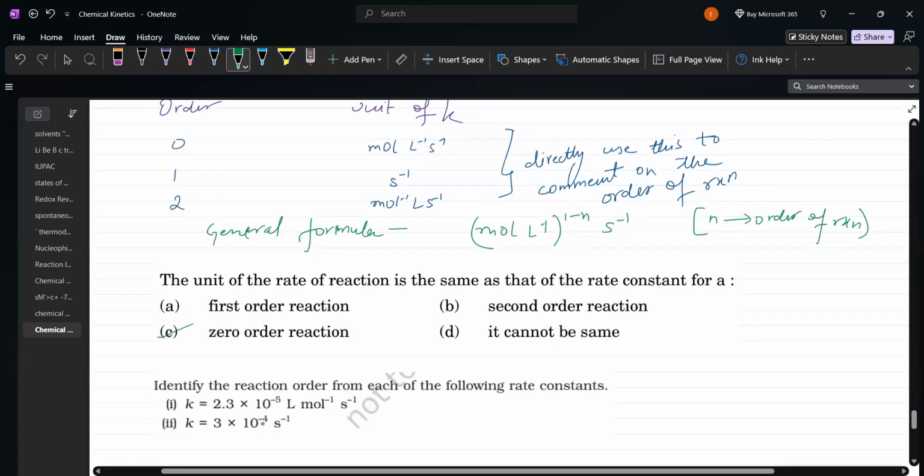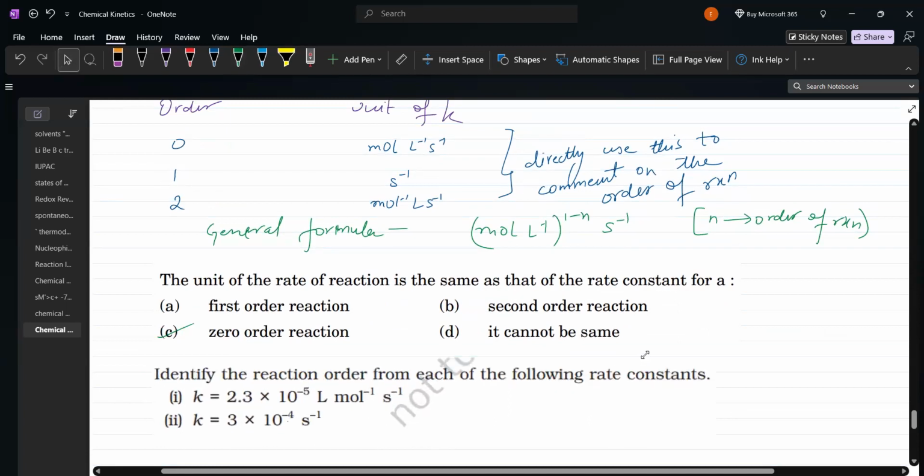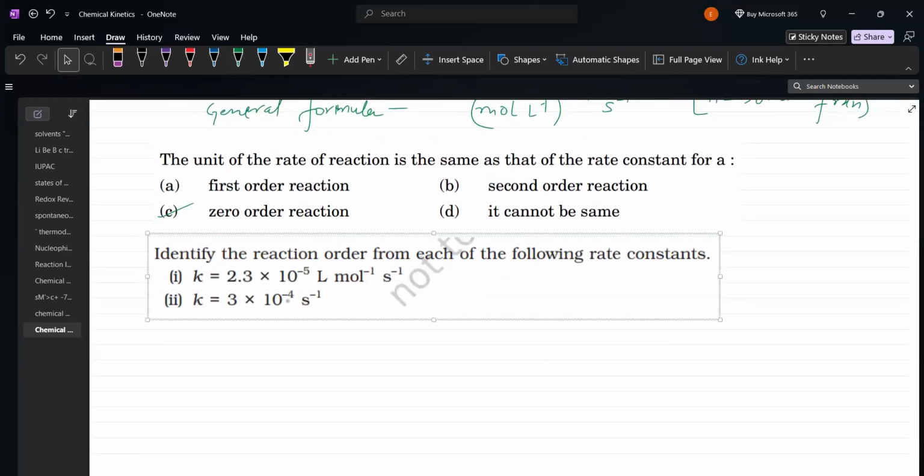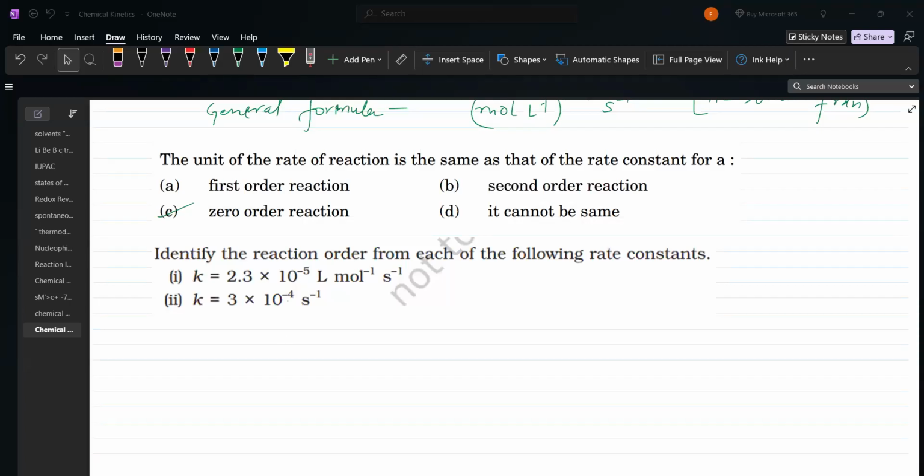Please solve this question, and you can copy this question also in your notebook. You have 1 minute to solve this question.